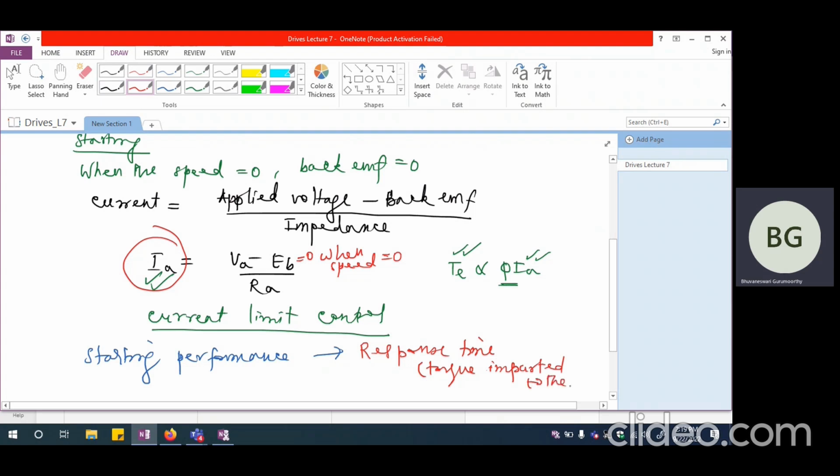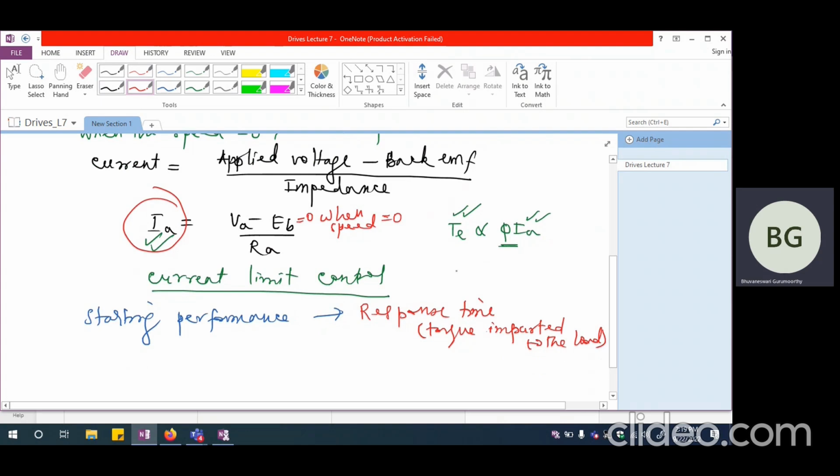If we put in more torque, as per the equation J d omega by dt equal to Te minus TL, if Te happens to be larger, you can have a larger d omega by dt. That means the response time is going to be smaller, and it is going to respond very quickly. The acceleration will be faster.